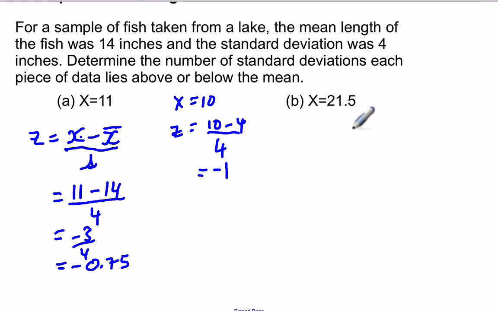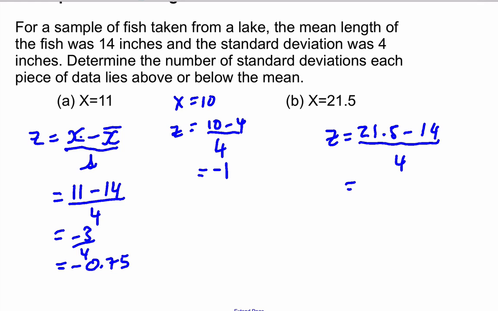Now, if we have a case where one of the fish caught was 21.5 inches, then the z-score for this is going to be 21.5 minus the mean, which is 14, all over 4.